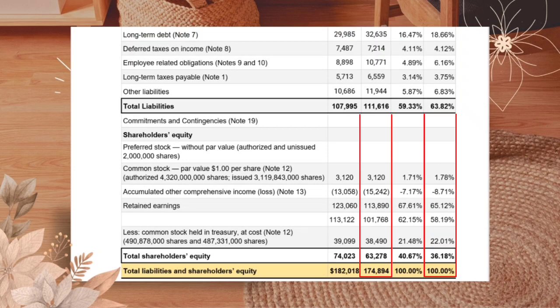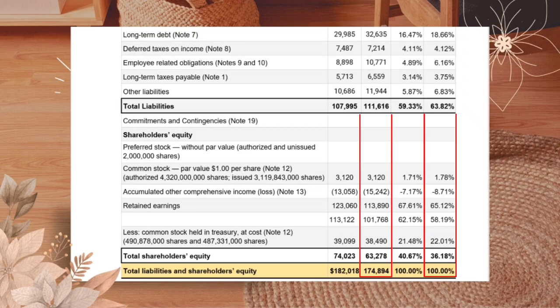In shareholders' equity of 2020, the common stock par value $1 per share is authorized 4,320,000,000 shares, issued 3,119,843 shares is 3,120 divided by the total assets 174,894 times 100% is 1.78%.